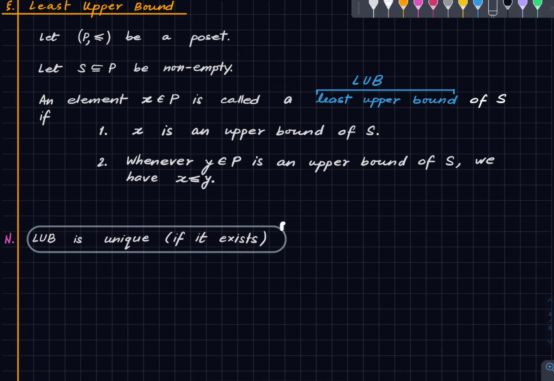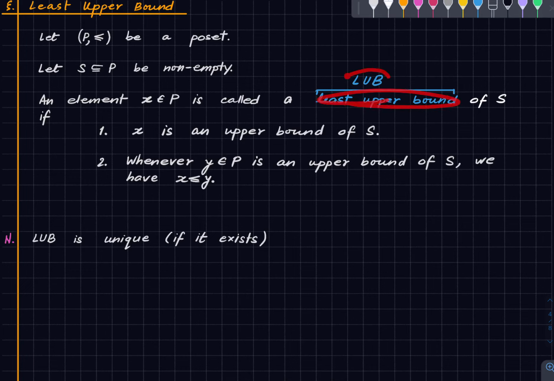Least upper bounds are unique if they exist. The least upper bound can be abbreviated as LUB. The reason is very simple. Say X and X prime are least upper bounds of a set S. Then by definition, this happens.